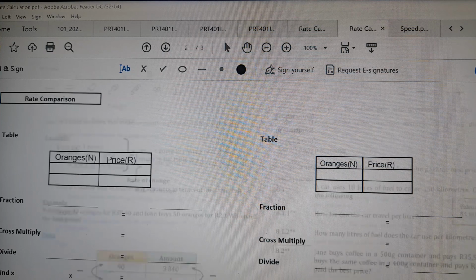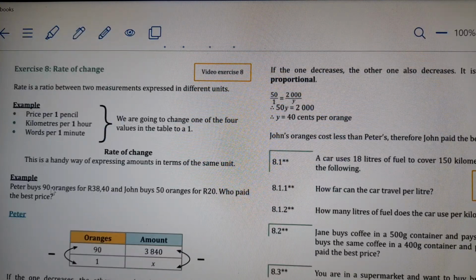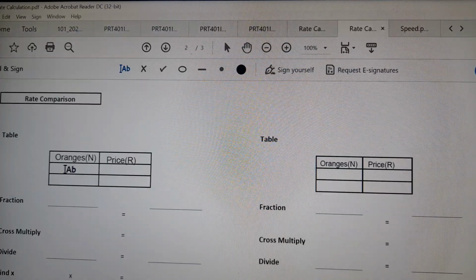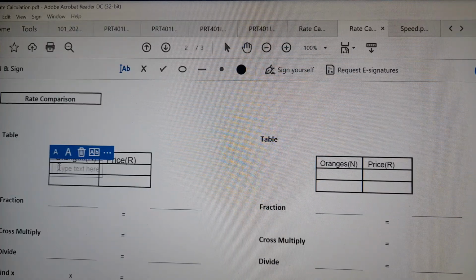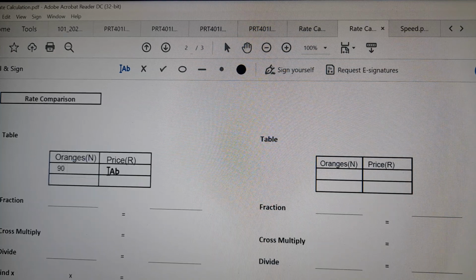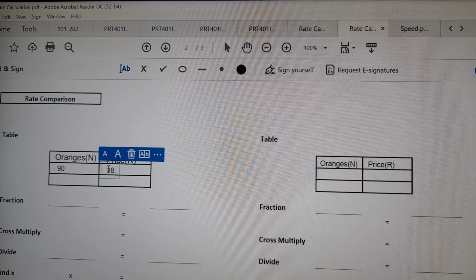Let's look for information for Peter: 90 oranges, 38 rand 40. You see, I haven't looked at the question.